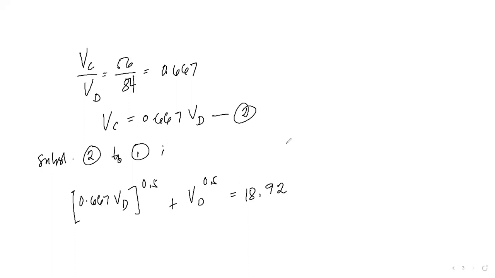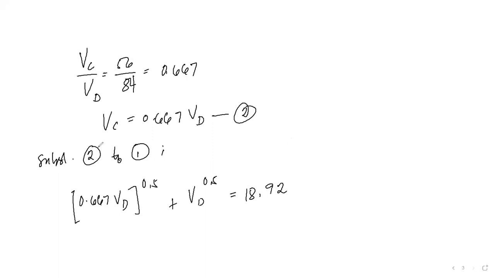And we can get the square root of 0.667, we add 1, we use this as the divisor of 18.92, and then we square our answer.